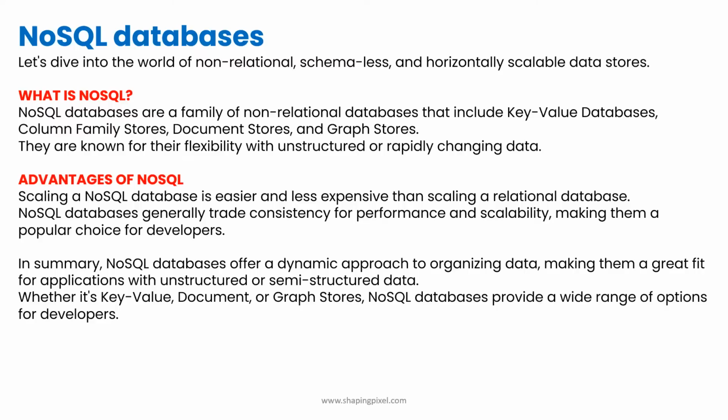NoSQL databases generally trade consistency for performance and scalability, making them a popular choice for developers. In summary, NoSQL databases offer a dynamic approach to organizing data, making them a great fit for applications with unstructured or semi-structured data. Whether it's key-value, document, or graph stores, NoSQL databases provide a wide range of options for developers.